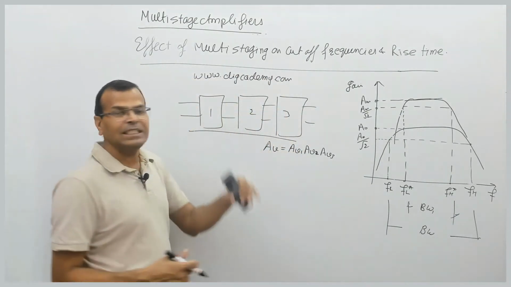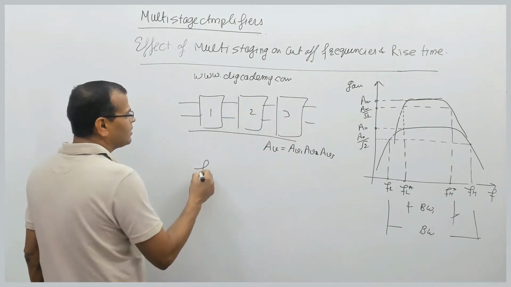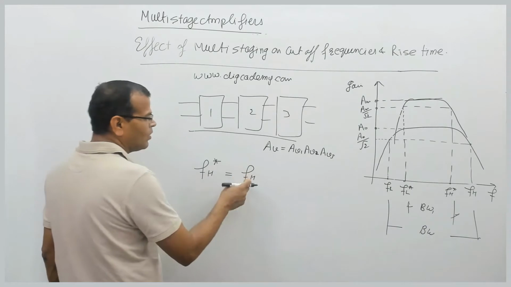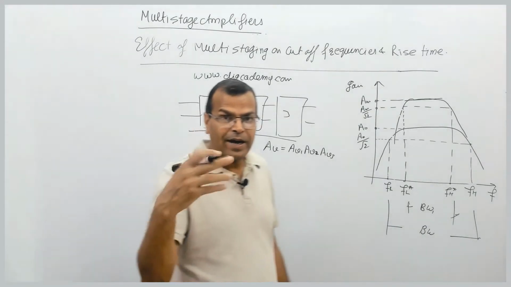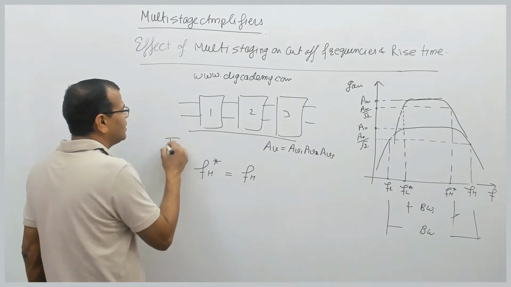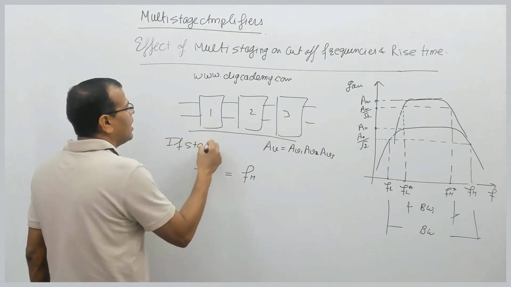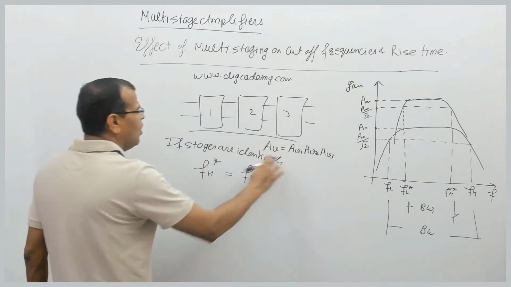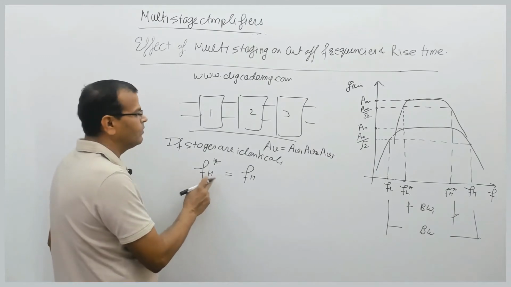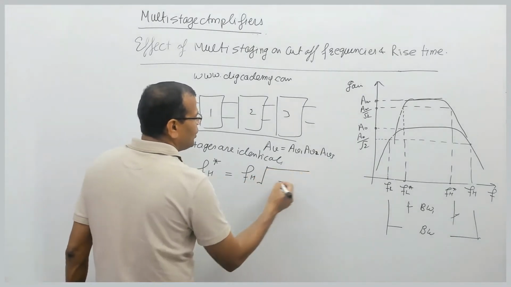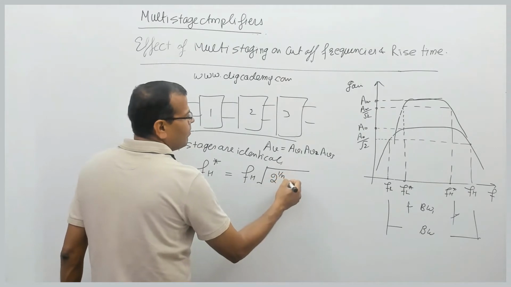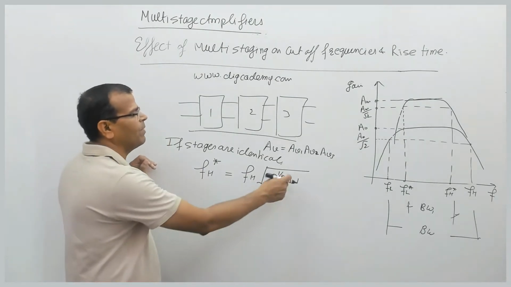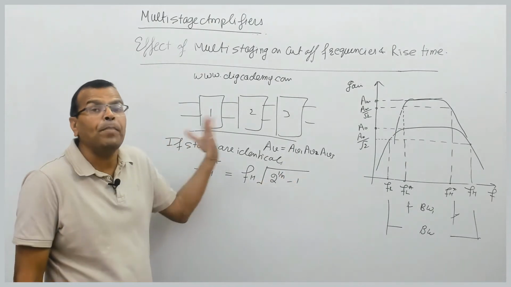But if these stages are identical, then for an n stage amplifier, the overall upper cutoff frequency is FH into 1 by the square root of 2 power 1 by n minus 1. You should remember 2 power 1 by n minus 1. This is the overall upper cutoff frequency.